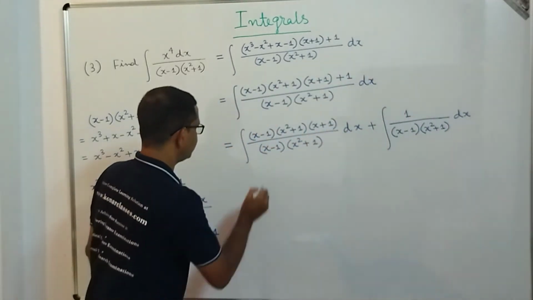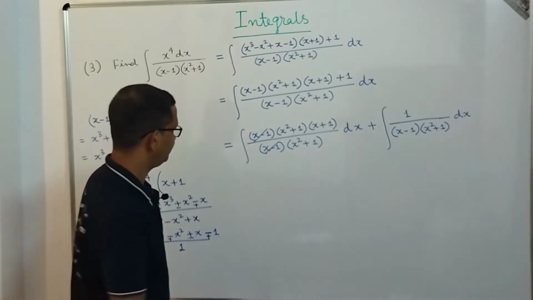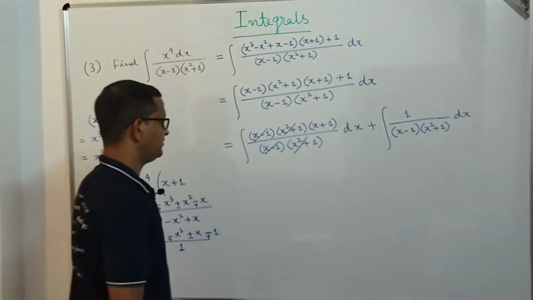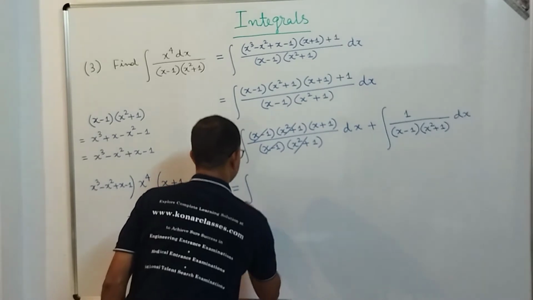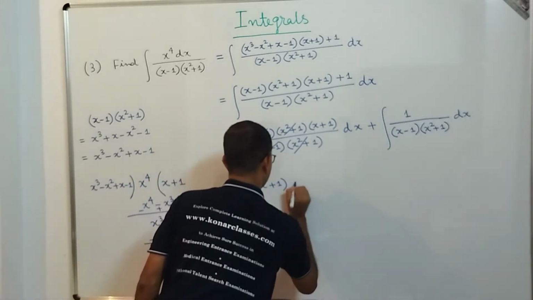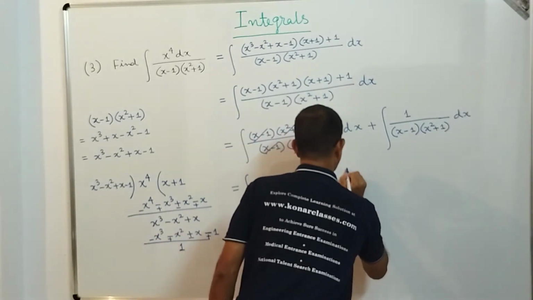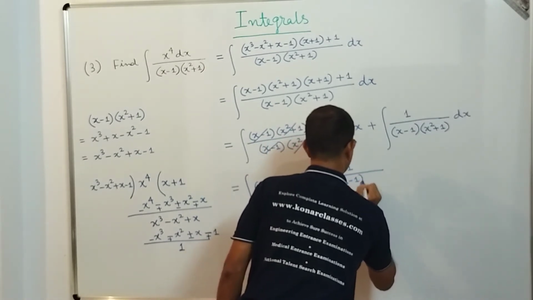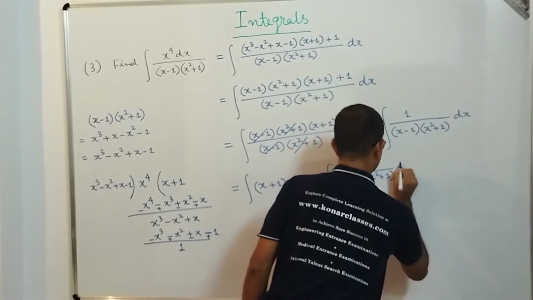So what we see, dear students, is that x minus 1 and x minus 1 got cancelled in both denominator and numerator. x square plus 1 in the numerator will get cancelled with x square plus 1 in the denominator. So what do we get then? We get integration of x plus 1 dx, okay, plus integration of 1 by x minus 1 into x square plus 1 dx.